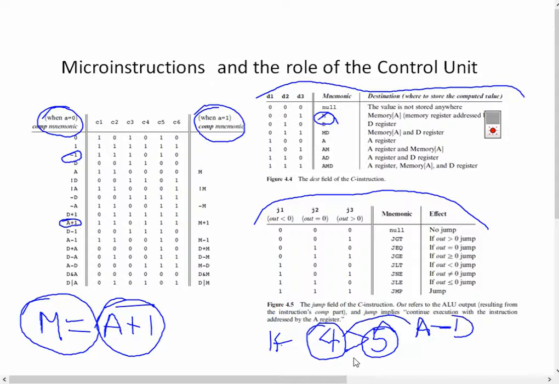When I subtract them, I now know that 4 minus 5 is negative 1, which means that this is not valid. So I can subtract things and then use the output of that to make a determination. That's how I actually evaluate things such as inequalities and equalities. Based upon the outcome of that operation, I can make a decision to jump somewhere.